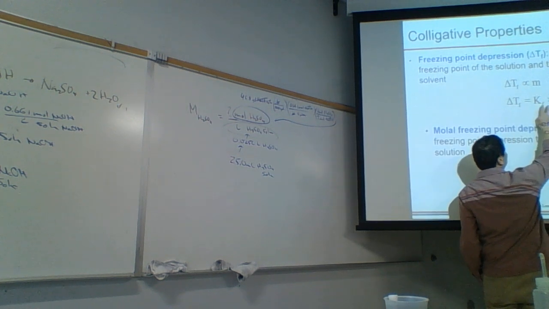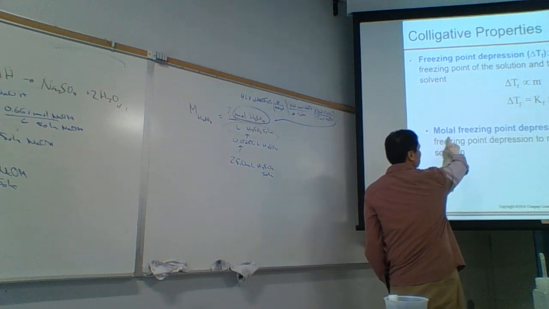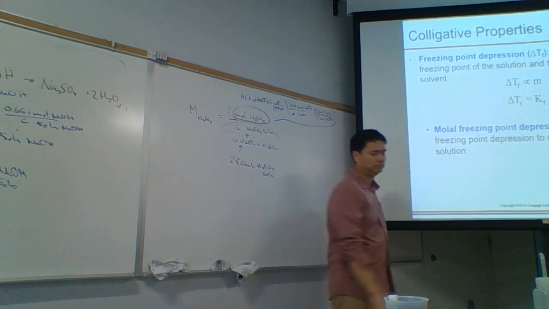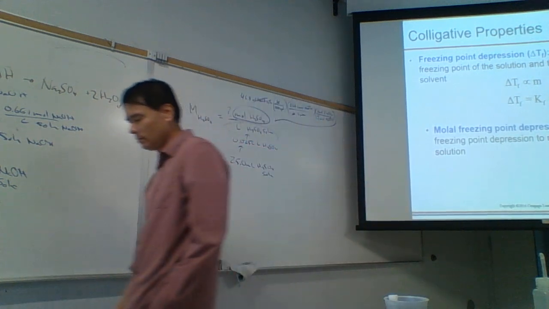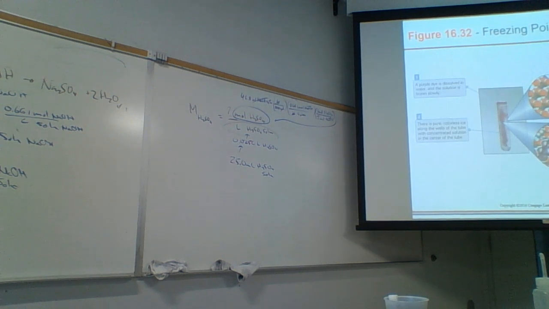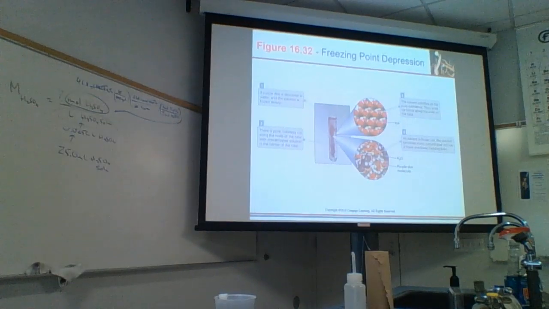KF is a constant, called the freezing point depression constant. What we need to know is the KF for water, which you can find in a book.